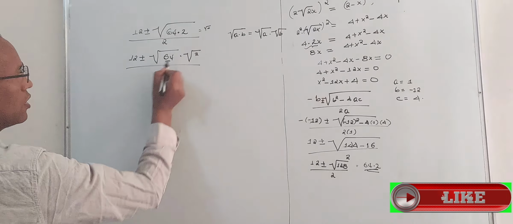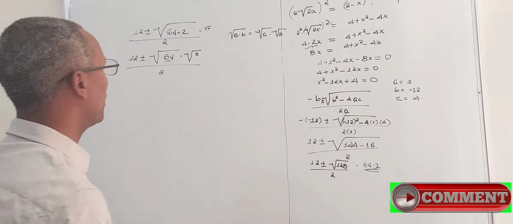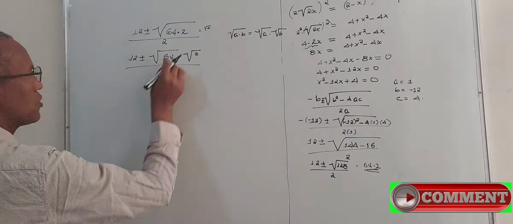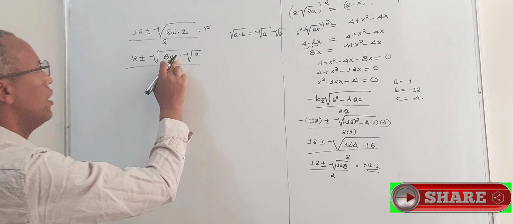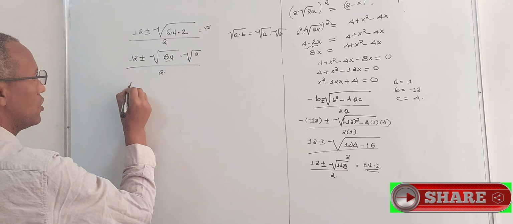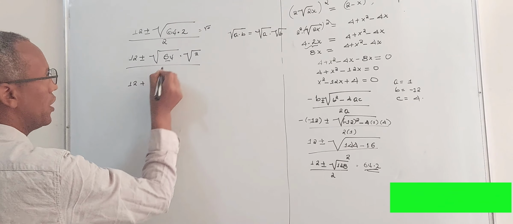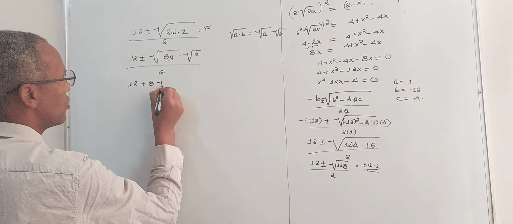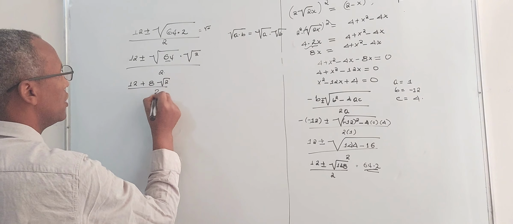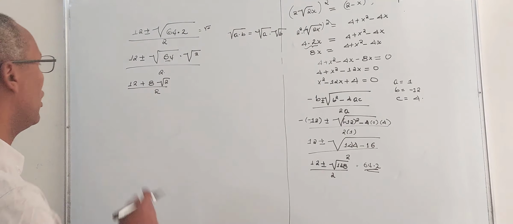Now 64 is a perfect square, so the square root of 64 is 8, right? So 12 plus or minus 8 square root of 2, over 2, right?